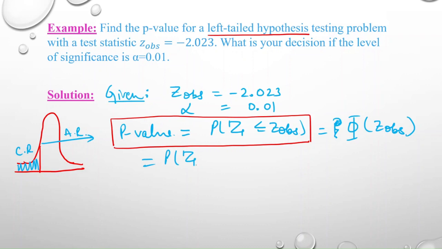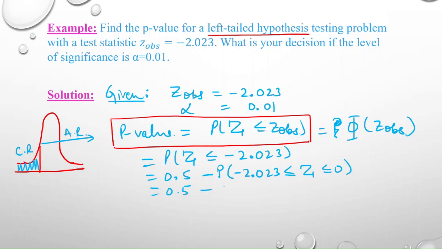So less than or equal to minus 2.023. So this would be 0.5 minus the probability from minus 2.023 to 0, which is the same because the curve is symmetric, 2.023, and we could find out the value.